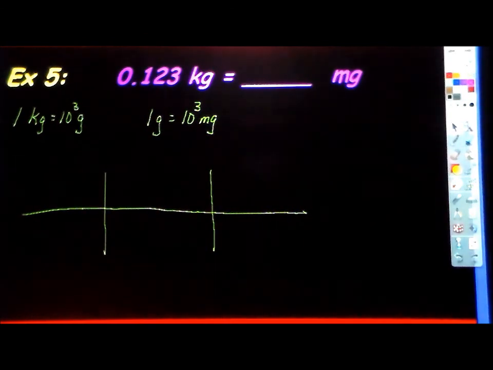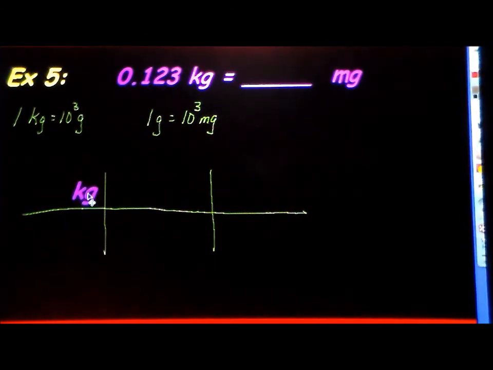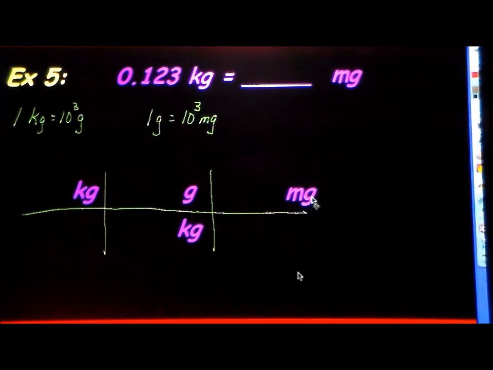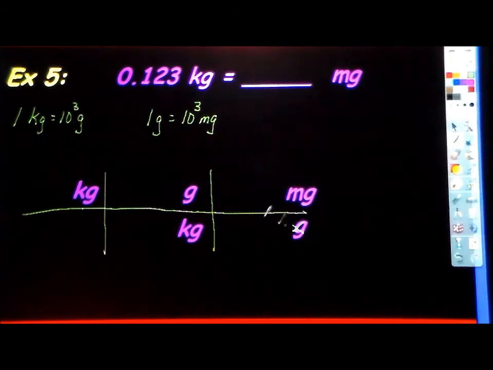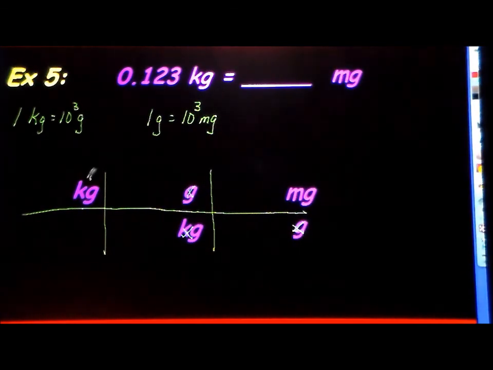So let's pull up our first unit, which is kilograms, because that's what's in the original problem. So as we've done through all of these, I know I need kilograms down here to make them cancel out, but I know what kilograms is to grams. But now notice I don't want my final answer to be grams. I want my final answer to be milligrams, and I need grams to cancel out. So notice when I do that, grams will be gone, kilograms will be gone, and I'll be left with milligrams.